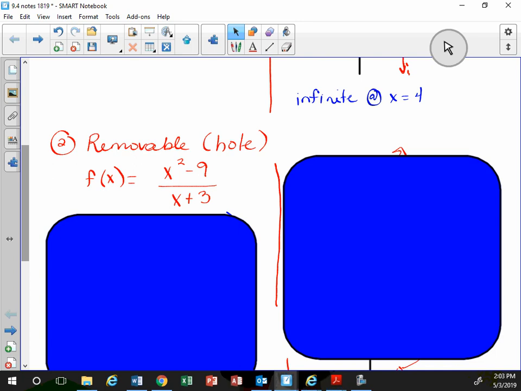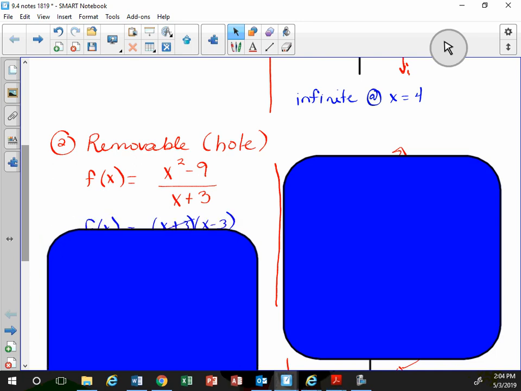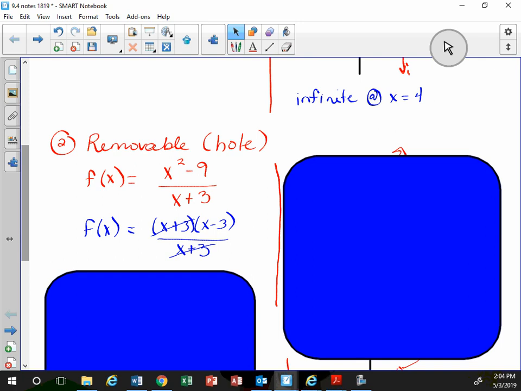Algebraically, that's something I might give you. Okay, so you see right away, like -3 in the denominator is a problem, but it's not an asymptote. It's not infinite, because what could you do to the numerator? Factor it, yeah, and it would become x plus 3 times x minus 3 over x plus 3, right?